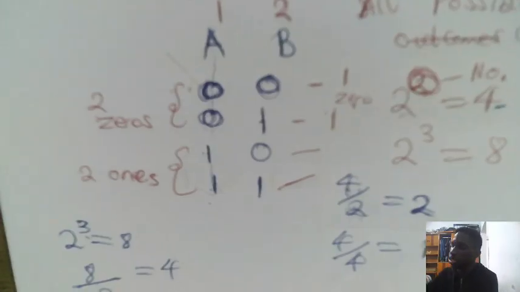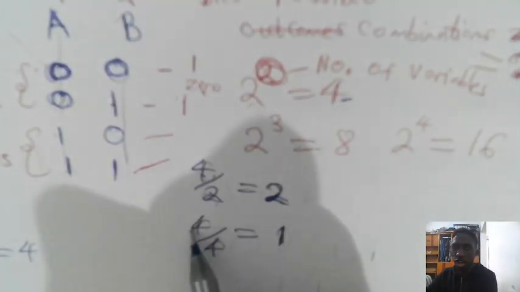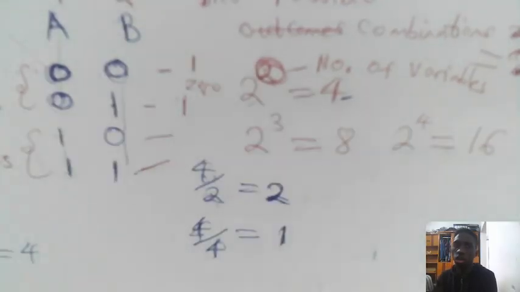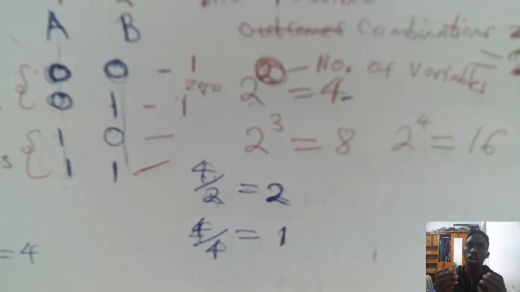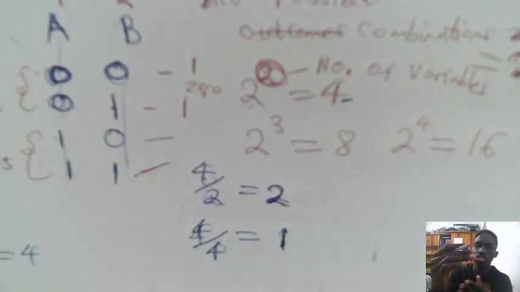Then for the B column, your variable 2 column, you divide the number of possible outcomes, 4, by 4 this time around, as in a quarter. You go after half, you go to quarter. So 4 divided by 4 gives you 1. That means you should change from 0 to 1, then 0 to 1 again.